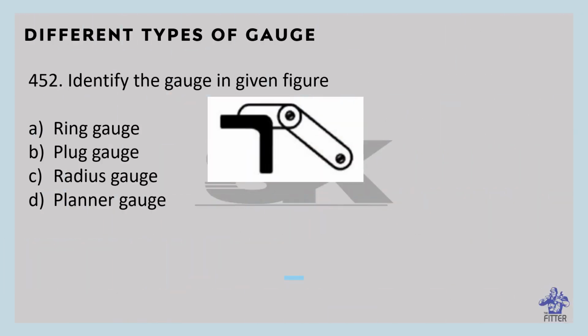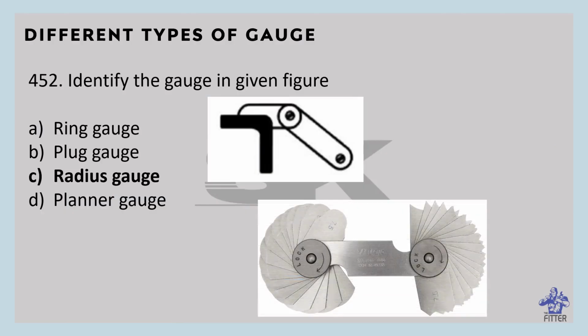Identify the gauge in the given figure, that is radius gauge. You can see here in the image for better clarification. The radius gauge resembles a feeler gauge. Feeler gauge blades vary in thickness, whereas the radius gauge blade tips are designed to measure external and internal radius on each blade.